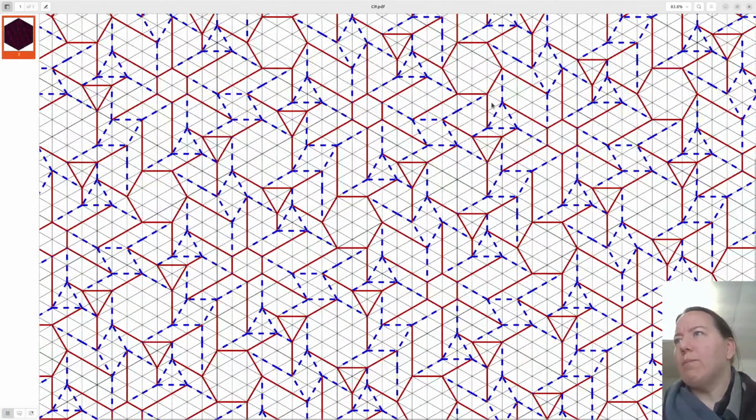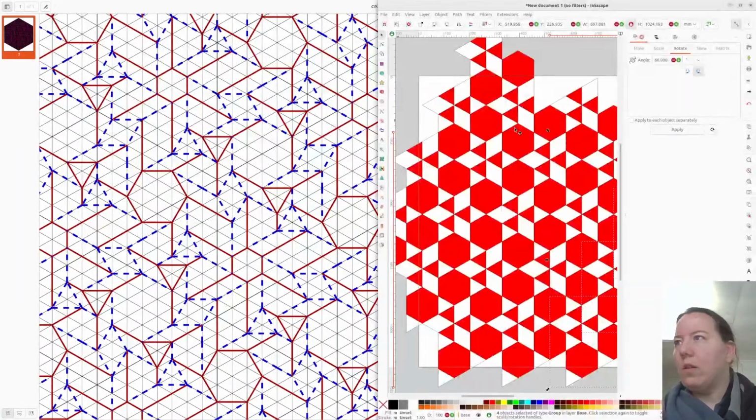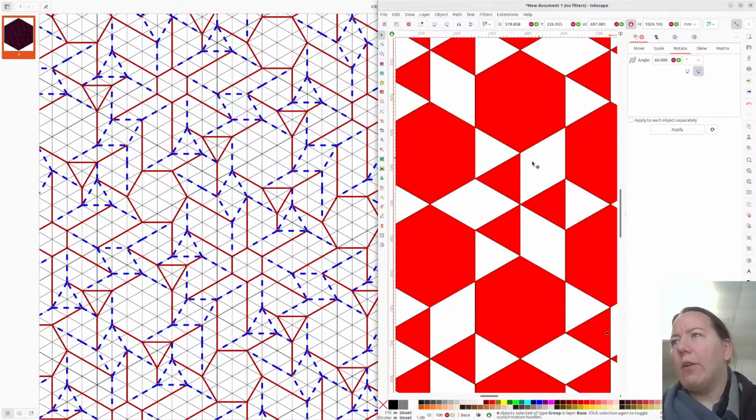Once I have the loop of 6, that'll have 3 pleats out in these directions and no pleats in these directions.